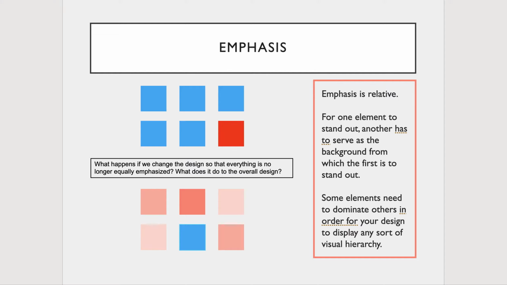Essentially, some elements need to dominate others in order for your design to display any sort of visual hierarchy. And visual hierarchy is important to leading the eye around the design. Otherwise, it just gets stuck in one place, or it doesn't know where to go at all.